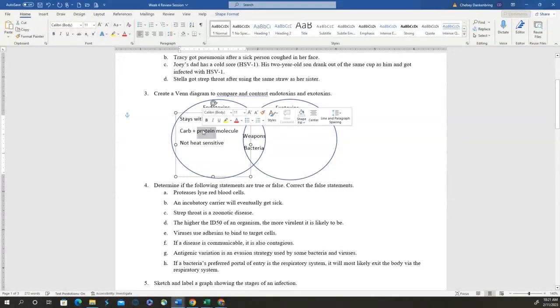I'm sorry, y'all, carb lipid molecule. Lipopolysaccharide. Lipo is lipid, polysaccharide is carb. I apologize for that. So carbs and lipids are not as heat sensitive as proteins. Okay, of course, too much heat can mess up anything. But because they're not as sensitive to heat, they tend to cause a fever. Okay, they do cause a fever.